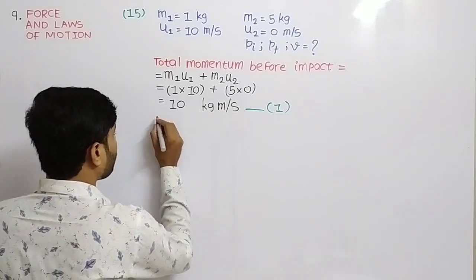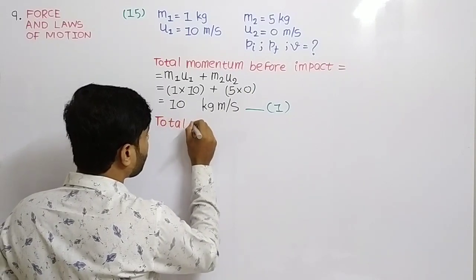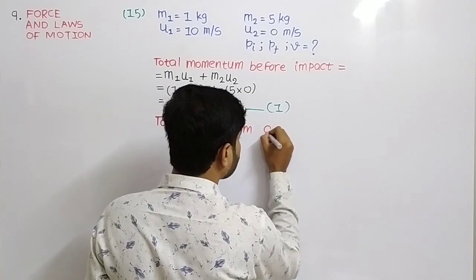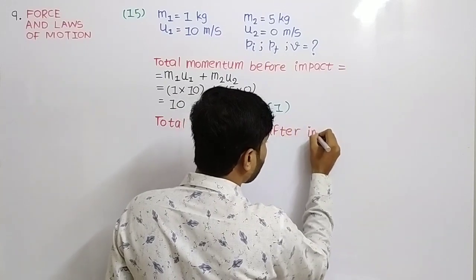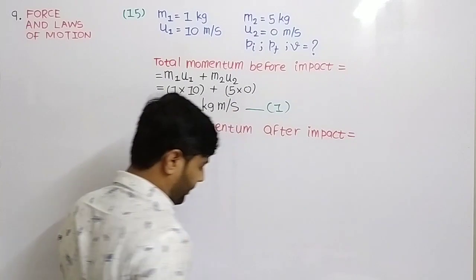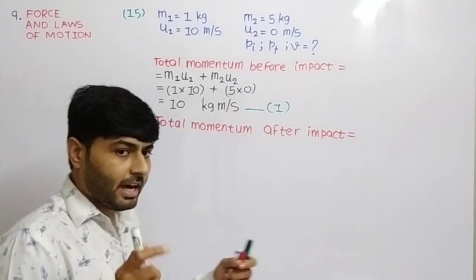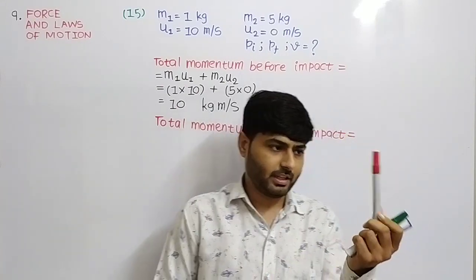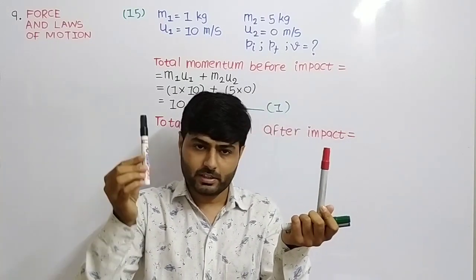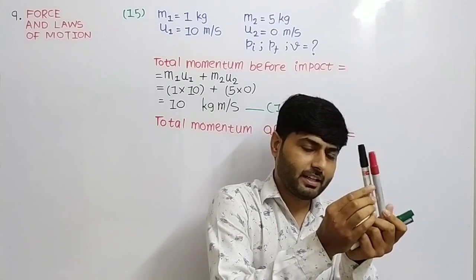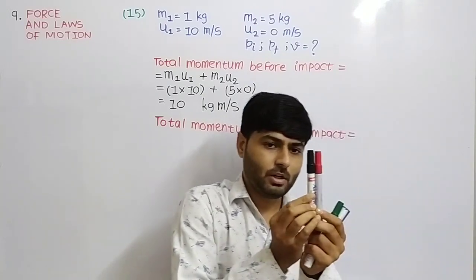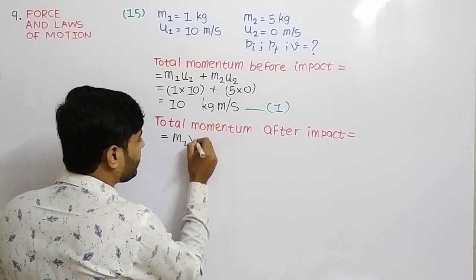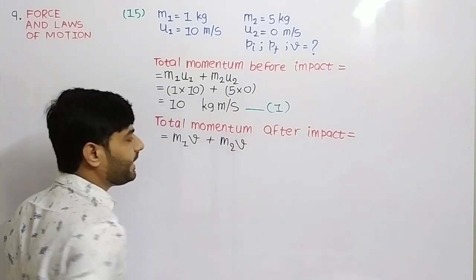Now total momentum after impact. Both objects will stick to each other, which means this object is stationary, like this is the wooden block, and this object comes near it and they stick together, and now they will move combined. So I have m1 into v plus m2 into v.